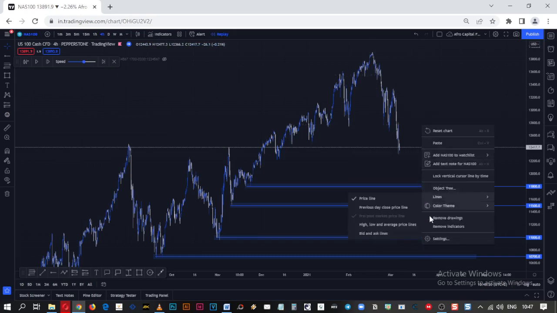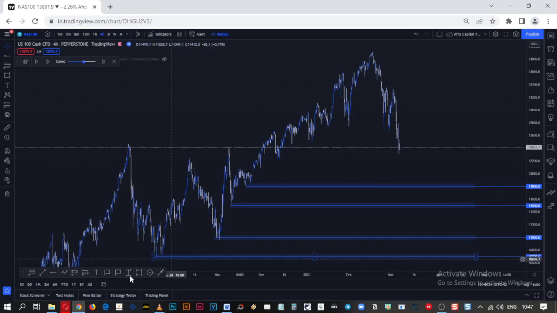Okay, you cannot set up alerts because the market is not open right now, so it'll be useless to plot alerts.